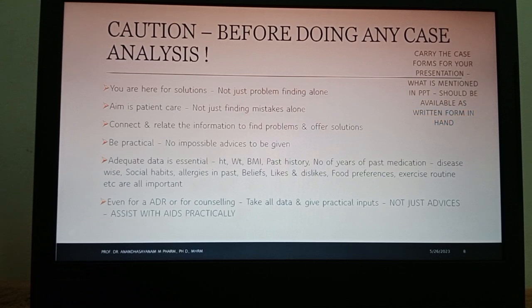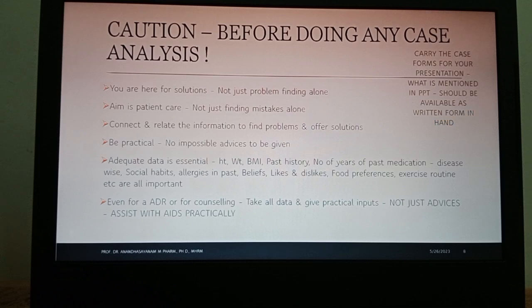Both of these things, in writing as well as in the presentation, should be there, because it is required to understand and correct if any mistakes are there, or to cross check whether any mistakes have happened or not. And in case any doubts or queries come up during the presentation, we can cross check it with the hard copy that is available over there.